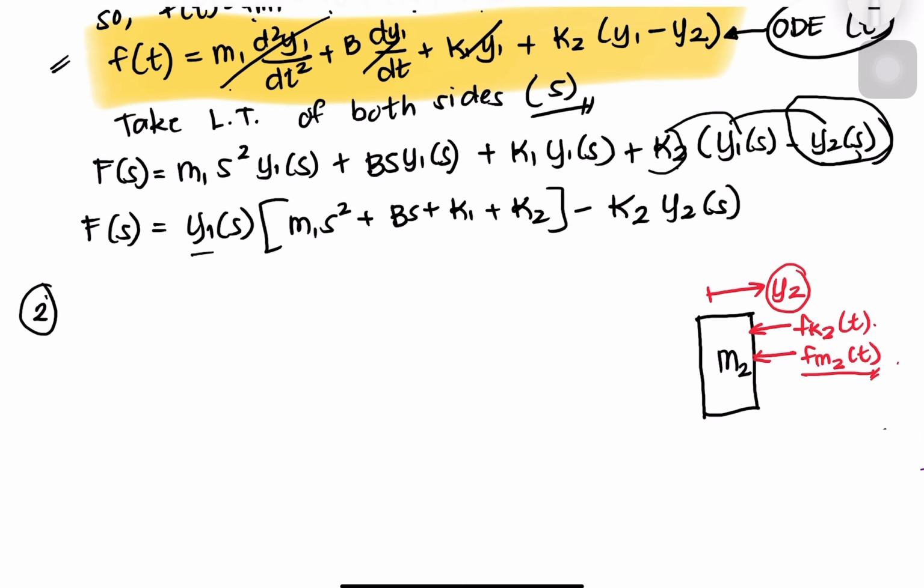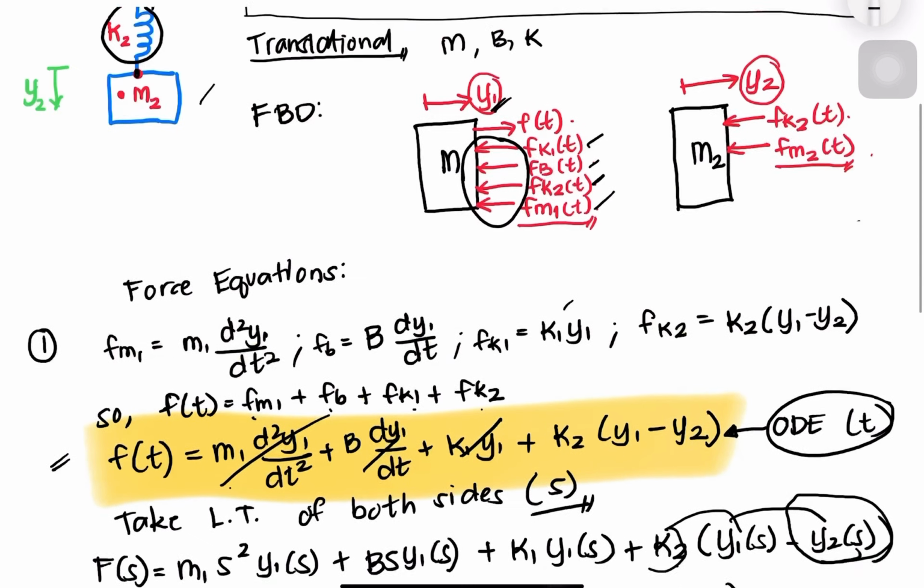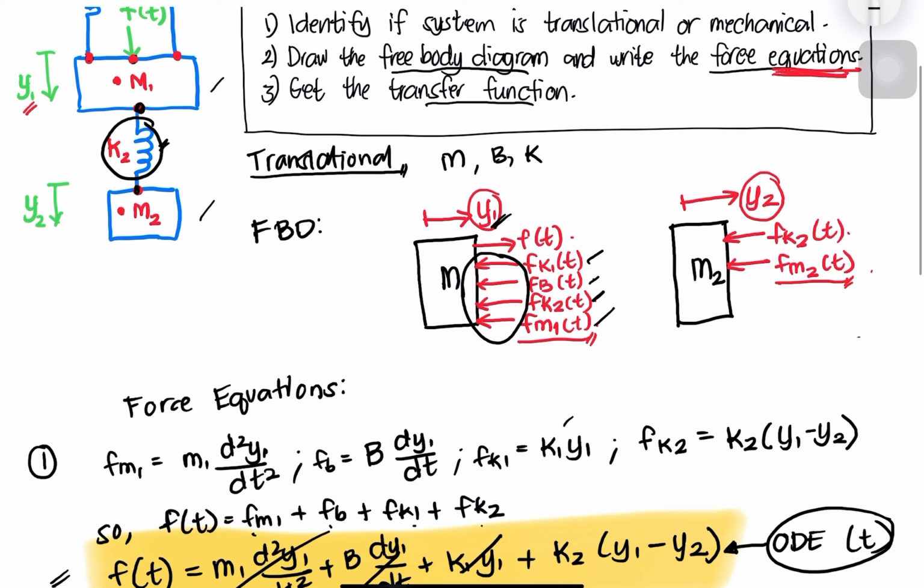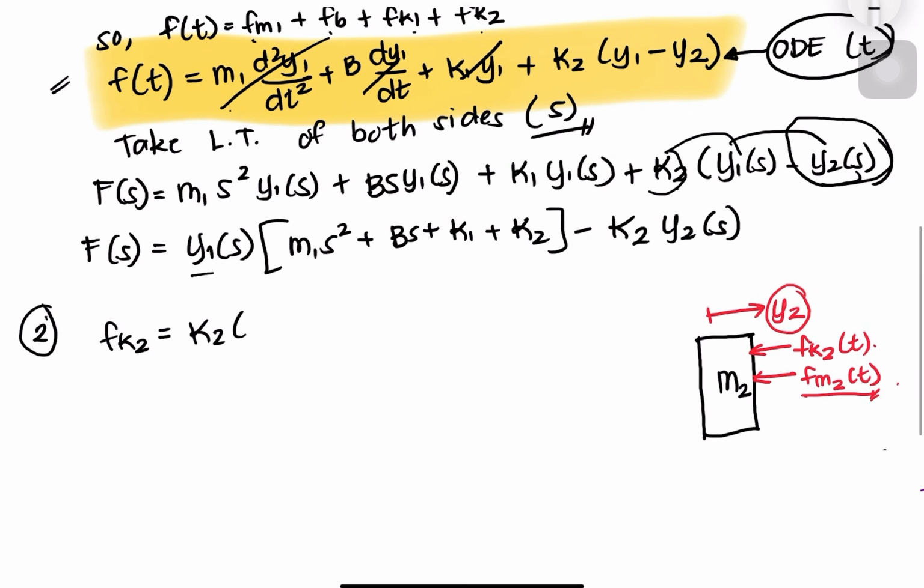We only have two forces here. Fk2 = k2. Since spring number 2 is connected to both M1 and M2, we need to use the case 2 formula, which is (y2 minus y1). And then for Fm2, m2 d²y2 over dt².